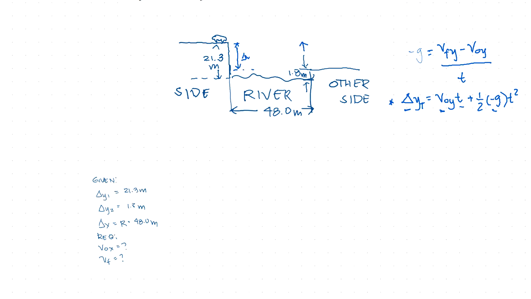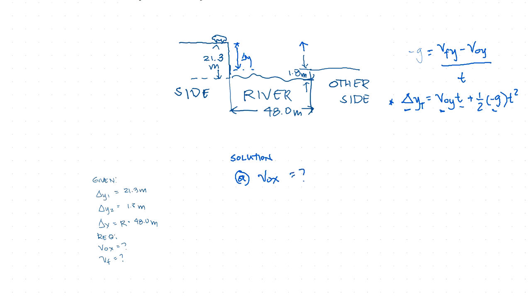Delta y. So, alam natin, makukuha natin yung time. No? So, we can manipulate the time. So, let's try to find out. So, find the time. No? Hinahanap natin ito. Okay.